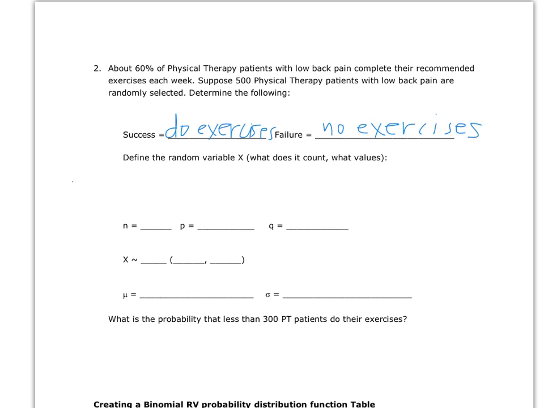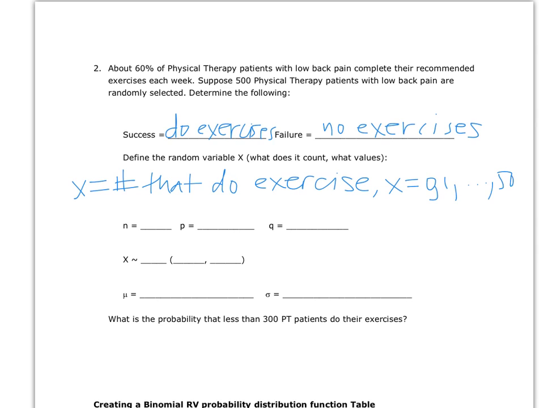All right, so X then is going to be the number that do the exercises. And it can take on any value from 0 up to 500. So 500, it's the number of people that are selected.